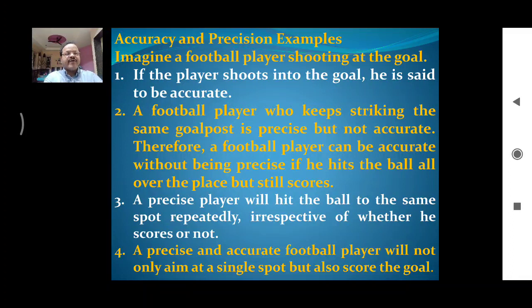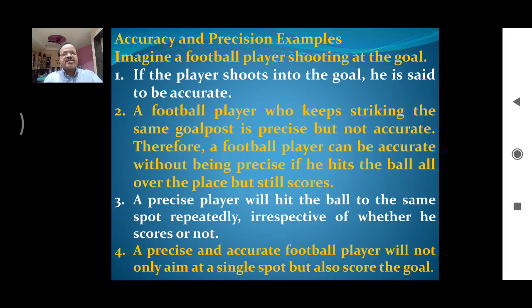The aim of any football player is to shoot the ball in the goal of the opponent. So if the player shoots the ball into the goal, he is said to be accurate.